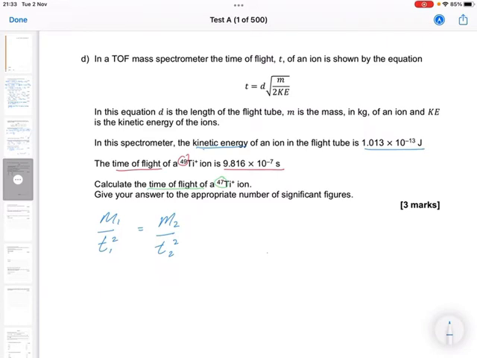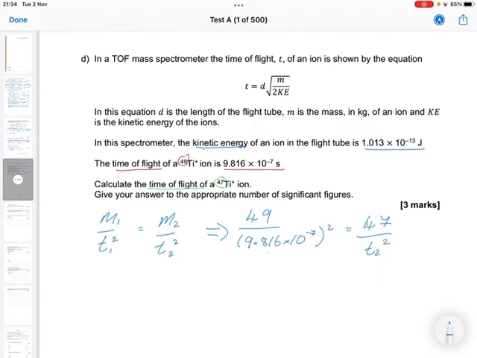So all I need to do is put my values in. So the mass of the first one is 49, and the time it takes is 9.816 times 10 to the minus 7 squared, which equals 47 divided by t2 squared.